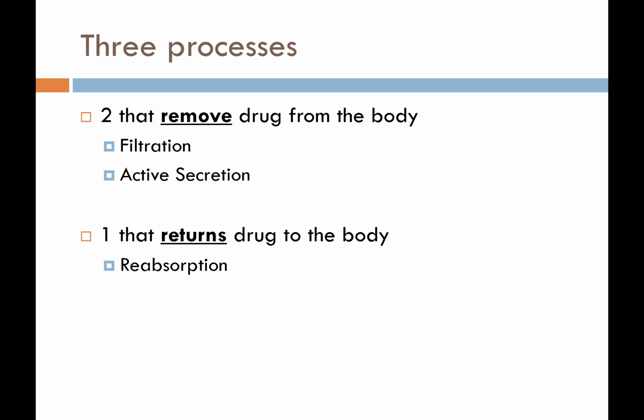And then there's one process that returns drug to the body, and that's reabsorption. In your distal tubule, there are channels that reabsorb drug from the kidney tubule back into the blood. So that actually decreases clearance.